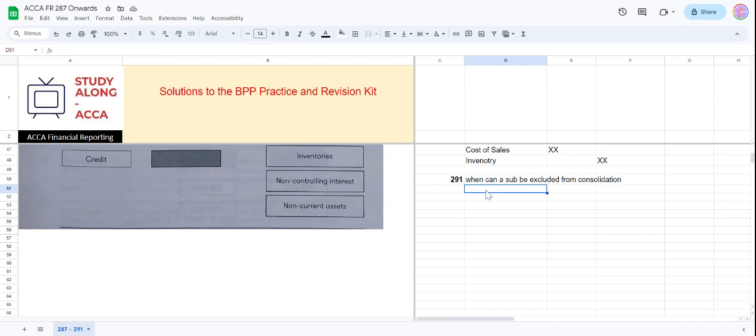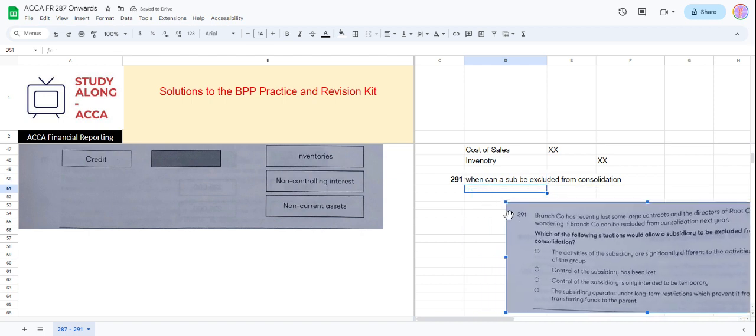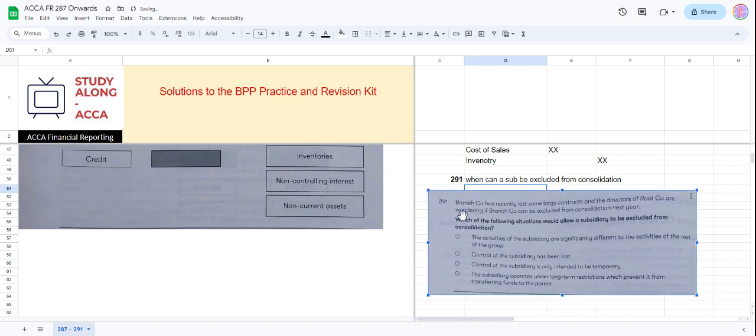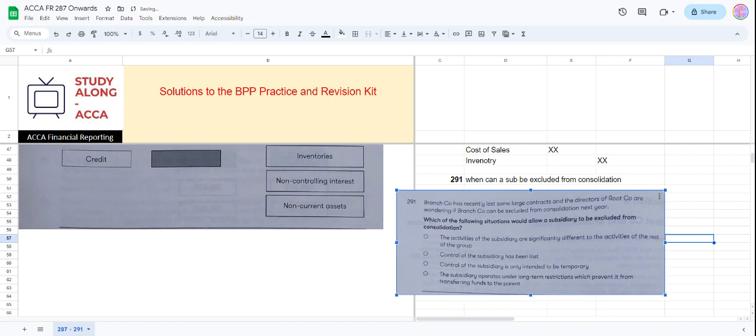The first one is that the activities of the subsidiary are significantly different. No, that is not the case; even if the activities are different, you still consolidate. So the first one is incorrect.